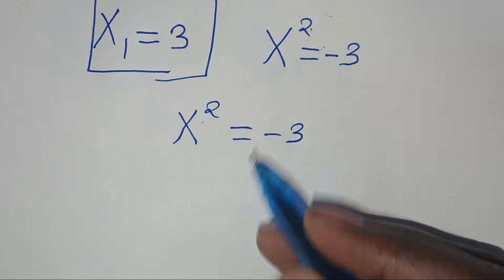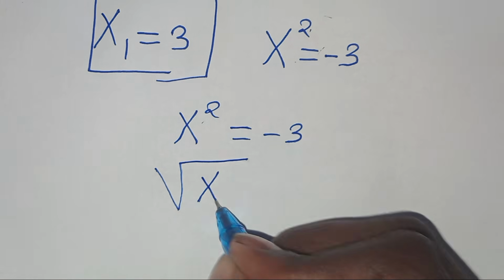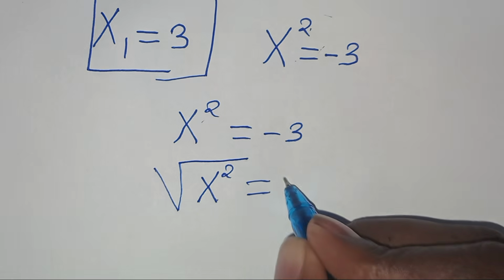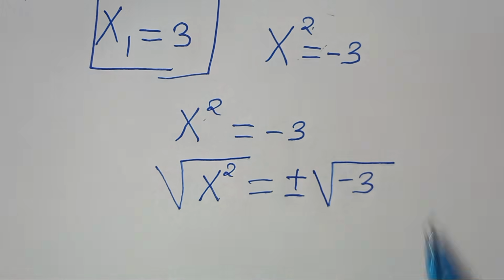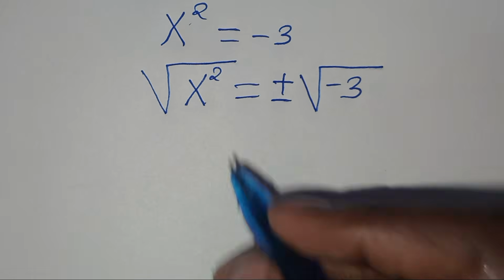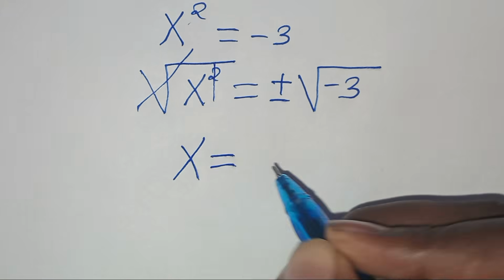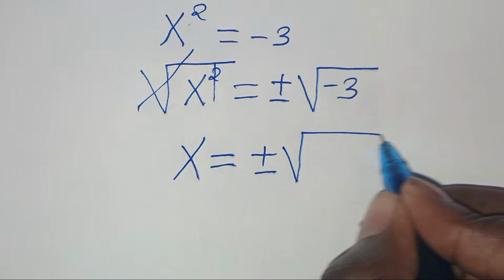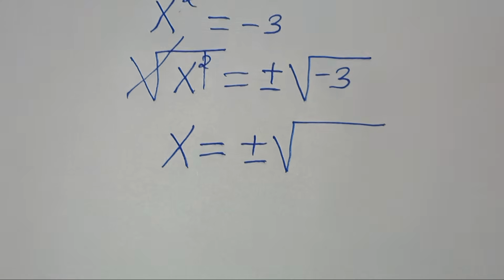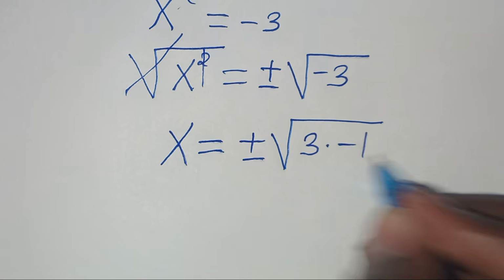To solve for the value of x here, let's introduce a square root on both sides, which is the square root of x^2, equal to plus or minus the square root of negative 3. So here we eliminate the square root sign so that x is equal to plus or minus the square root of negative 3, which you can express as 3 multiplied by negative 1.